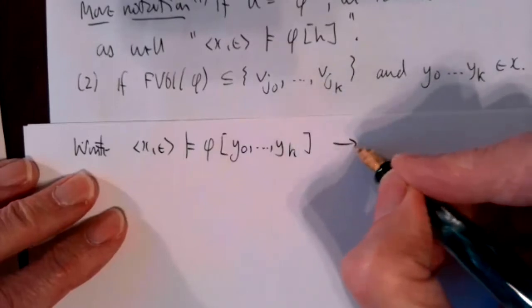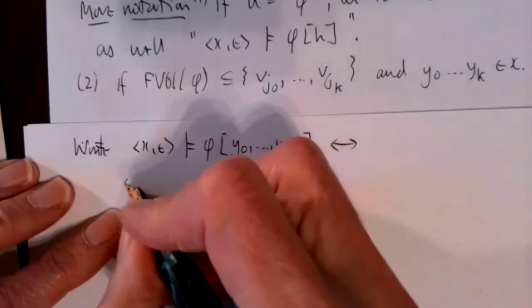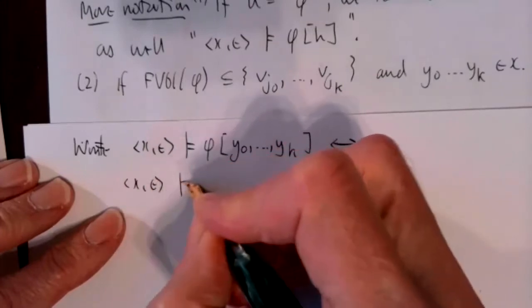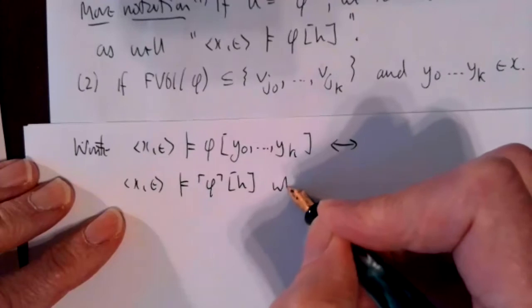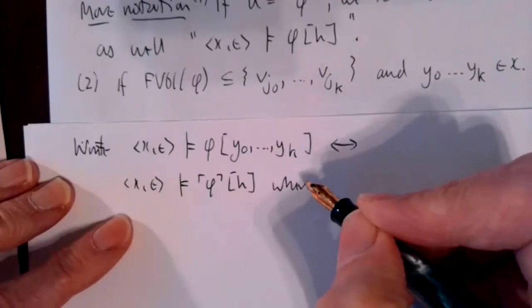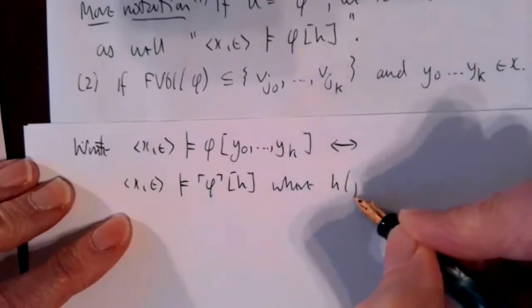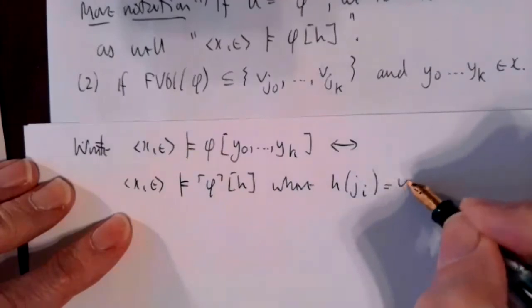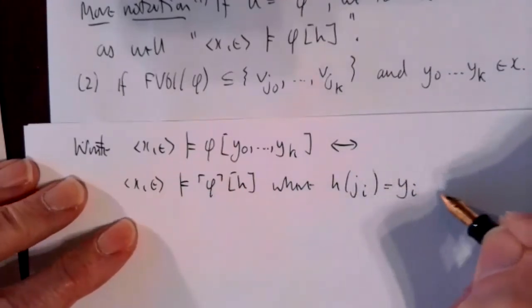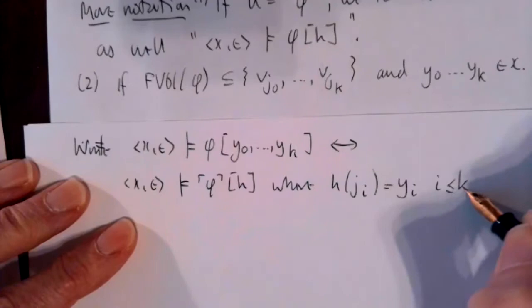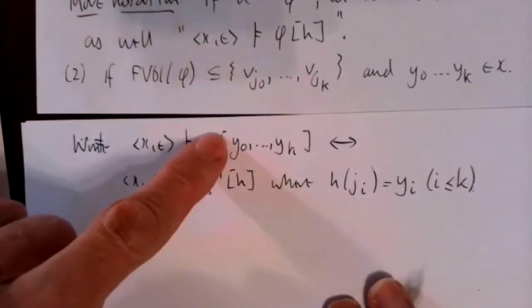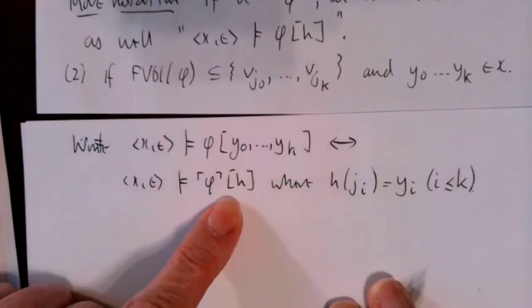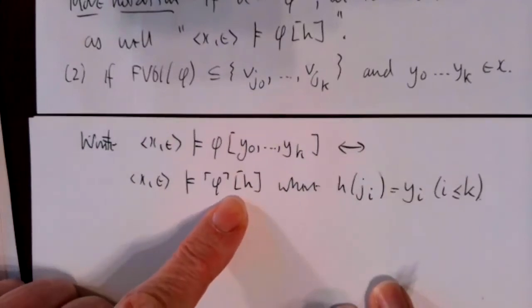Instead of if and only if X epsilon, where h of ji is yi for i less than or equal to k. This is the interesting bit of H, right? Here, as far as we're concerned.